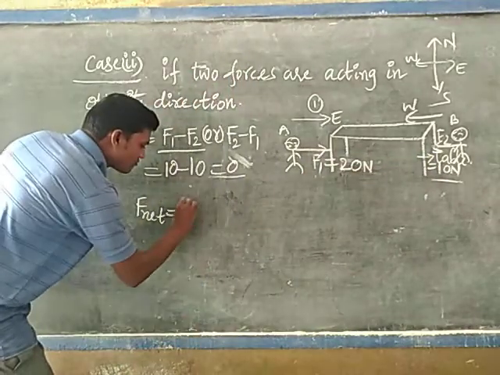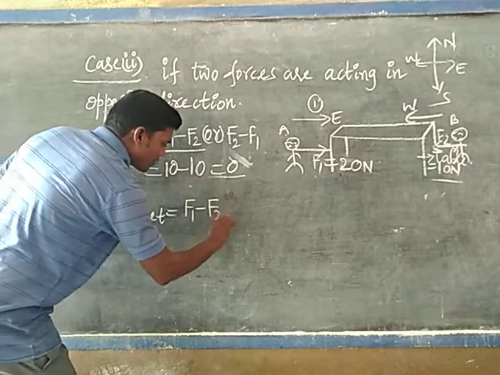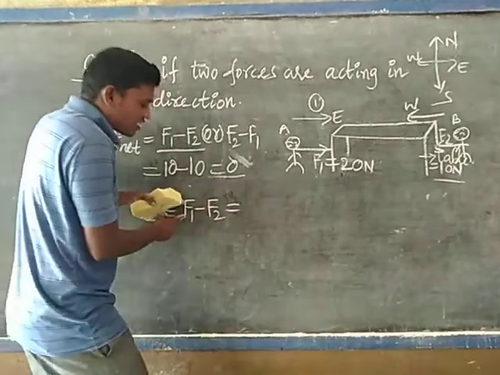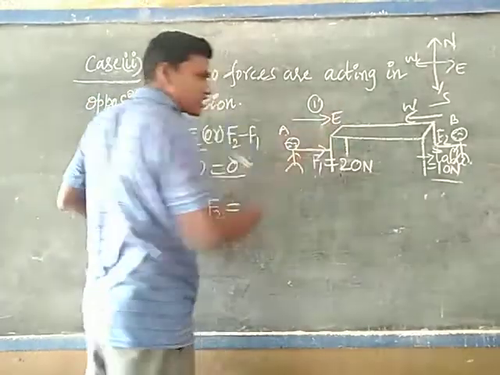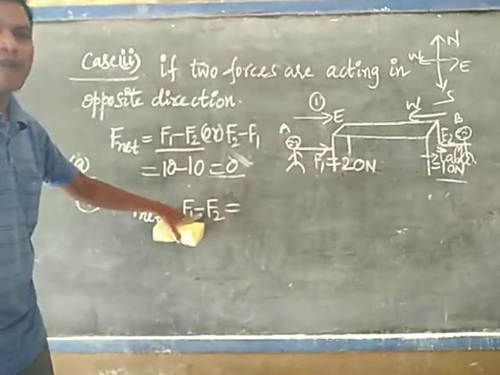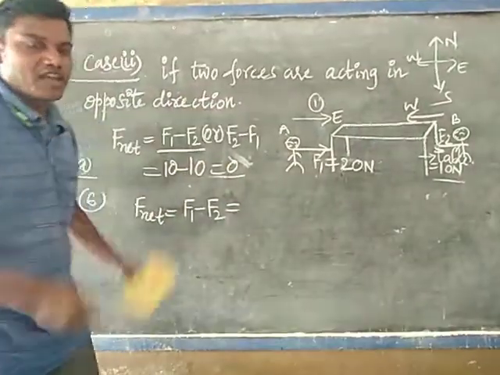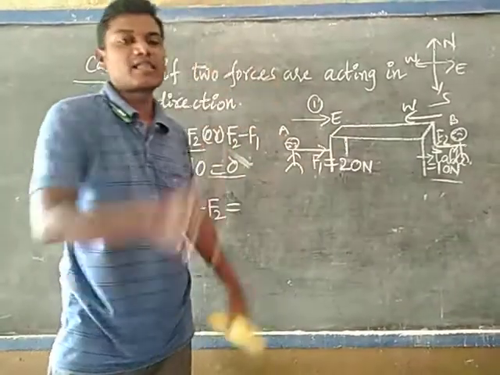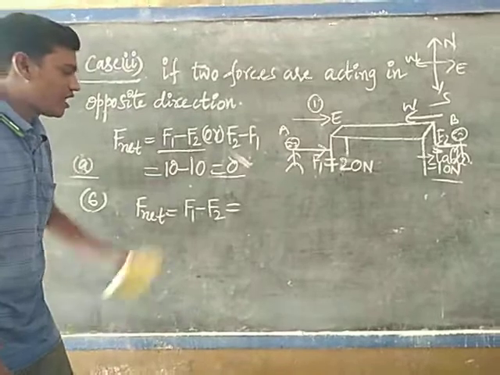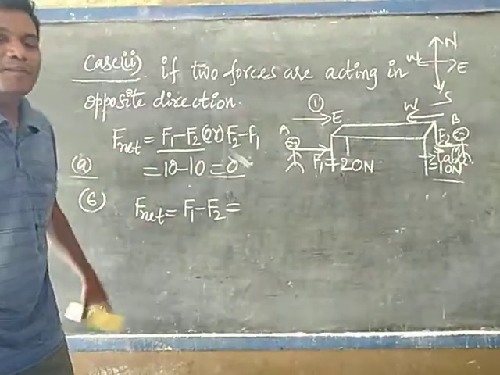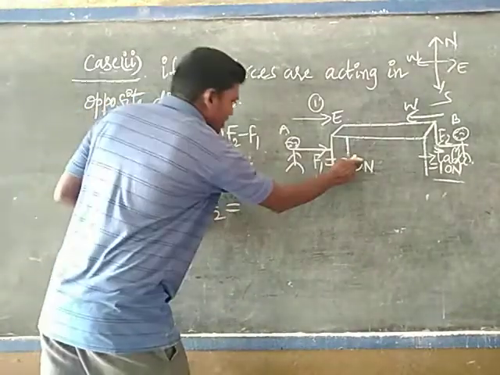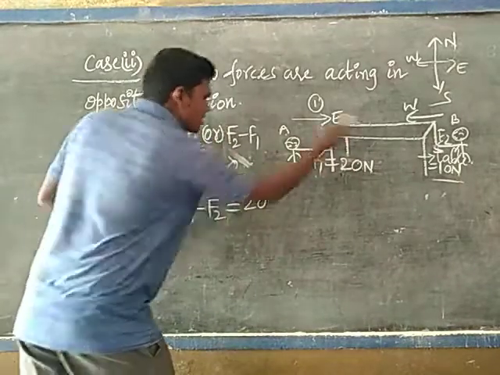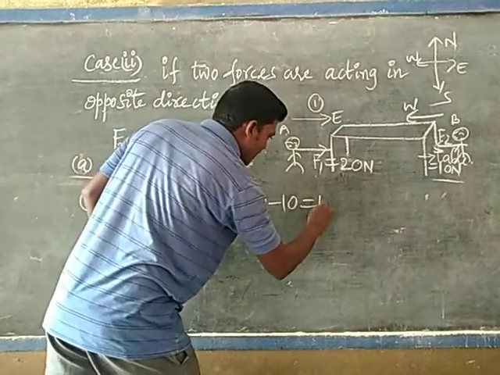That's why we write the formula F1 minus F2. Because for the F1 force, F2 is in which direction? Opposite. Opposite means minus. Same means plus. Listen, if two forces act on the body in the same direction, we take the plus symbol between the two forces. Opposite means we take the minus. What is the F1 value? 20. What is the F2 value? 10.